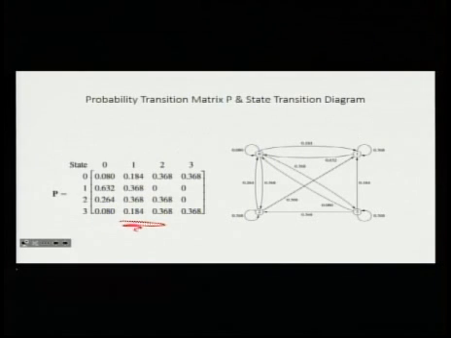And our state transition diagram represents the graph theory point of view. They're really equivalent ways of describing the Markov chain. Once we have our matrix, we can construct our diagram, and vice versa. So with our P, that's our linear algebra point of view, and with the state transition diagram, that's our graph theory point of view, as we'll see.